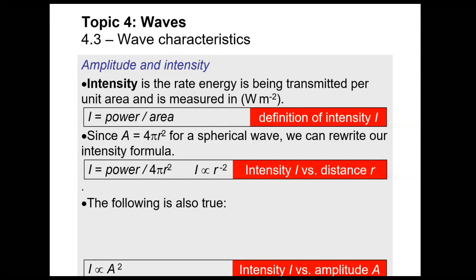And since intensity is power per unit area, and power is energy over time, it's also true that intensity is proportional to amplitude squared. So if you had two waves and one had twice the amplitude of the other, the amount of energy stored in the wave would be 4 times as much.